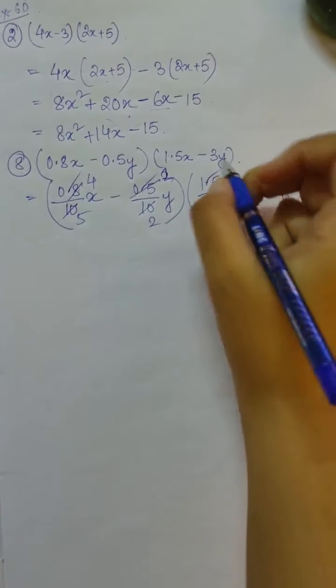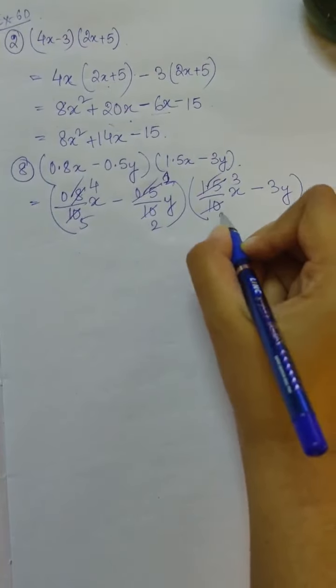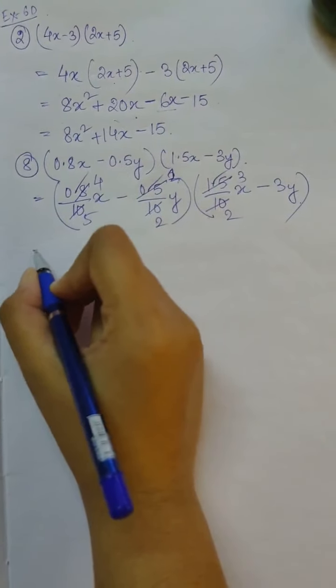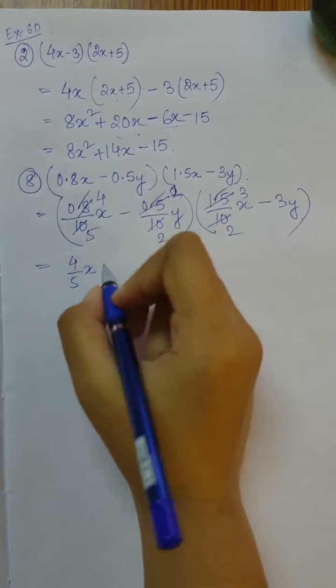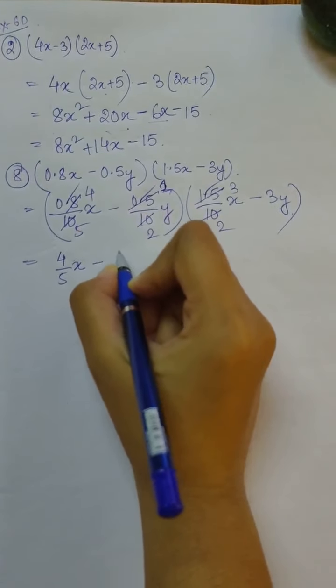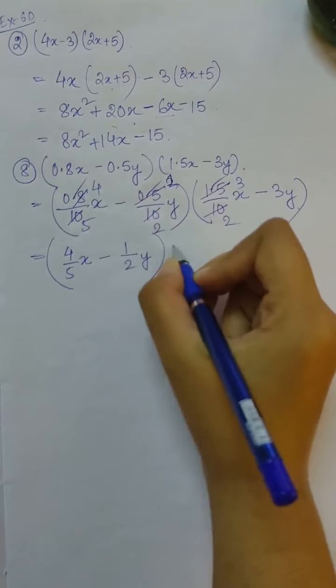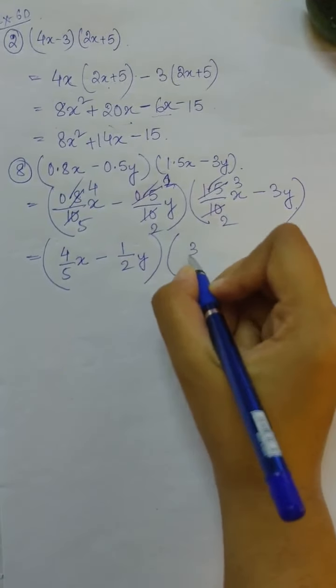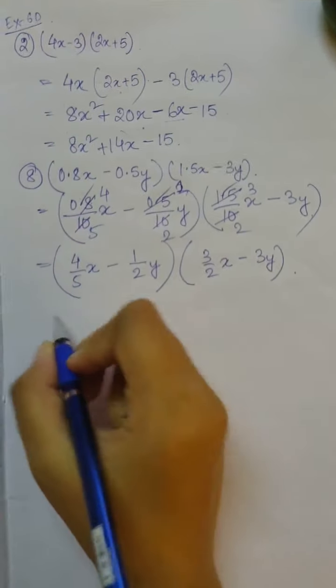If we cancel this with 5 again we get 3 here and 2 here. So that means we are now getting 4 by 5x here, then minus 1 by 2y. This is the first expression, and the next expression is 3 by 2x minus 3y.